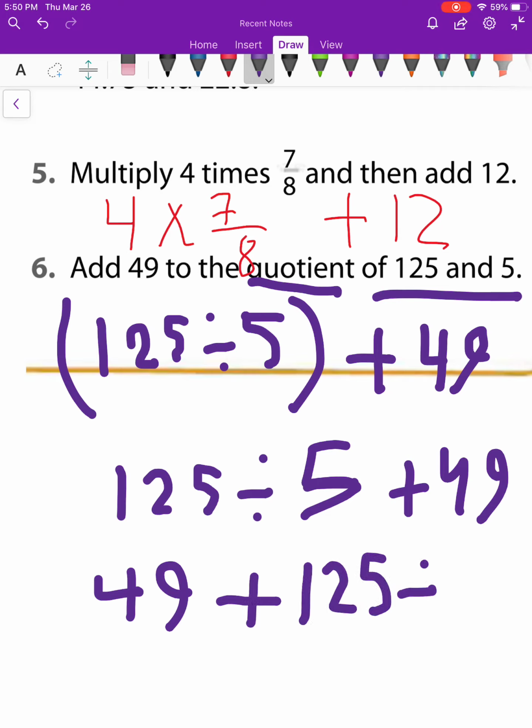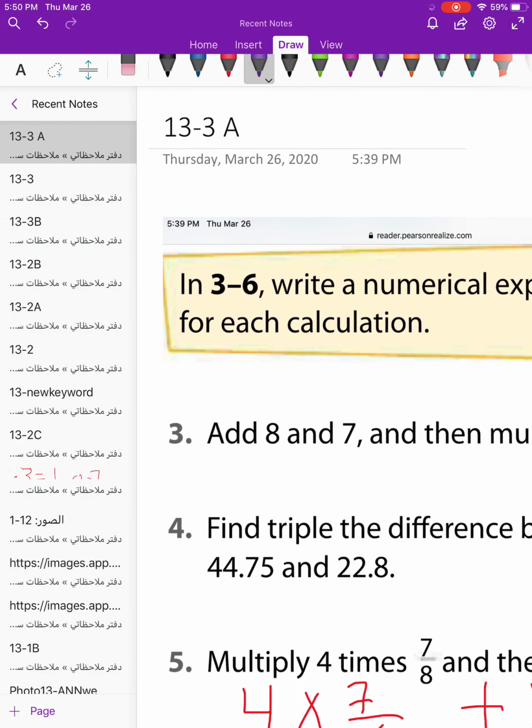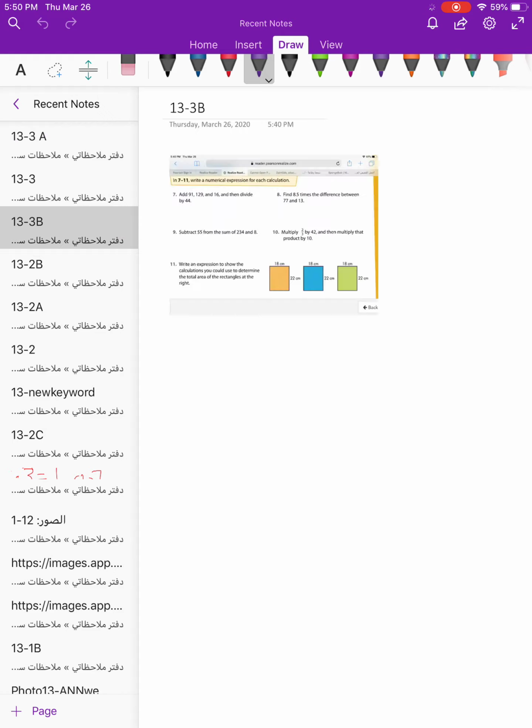All of them are right, because by default the division comes before the plus. So we don't need parentheses, but if we write them, it doesn't matter. This is the second part, and the third part, this one.